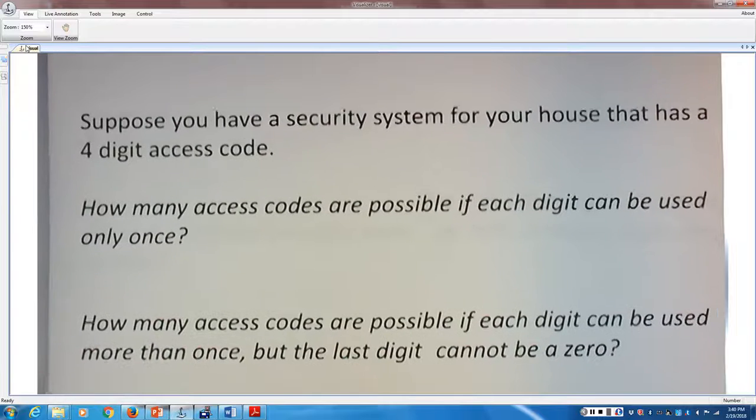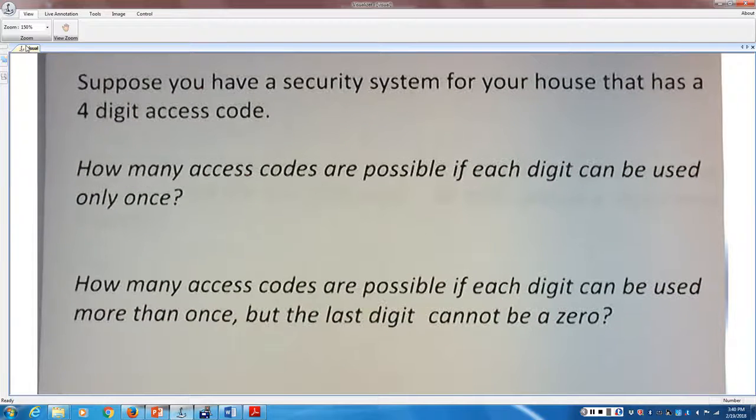Now here's one that might seem like it probably has more importance for the everyday person. Suppose you've got a security system for your house that has a 4-digit access code. How many access codes are possible if each digit can only be used once? Now the first question you've got to consider is how many digits are there?